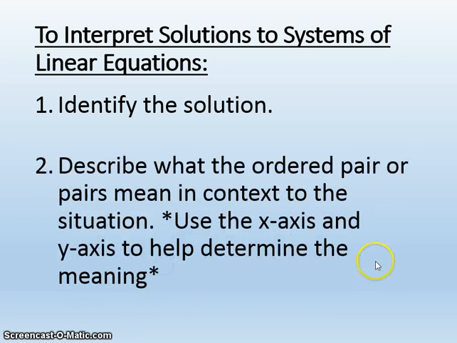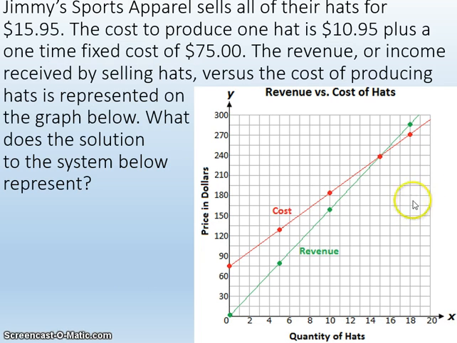And then secondly, describe what that ordered pair means in context to the situation. A very helpful hint is to use the x-axis and y-axis to help you determine meaning, because they will be labeled with what x stands for and what y stands for. So it's very similar to when you are interpreting intercepts, where they cross the x and the y-axis. So let's look at our first example.